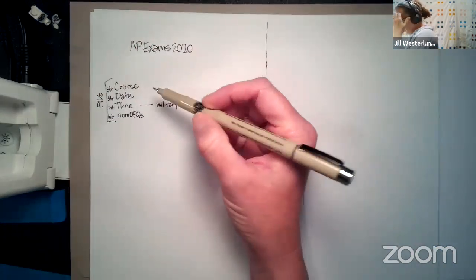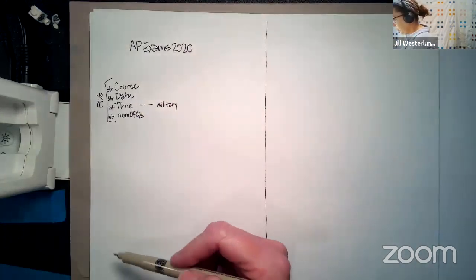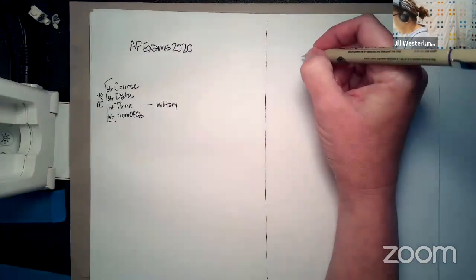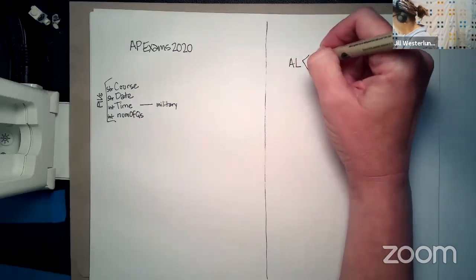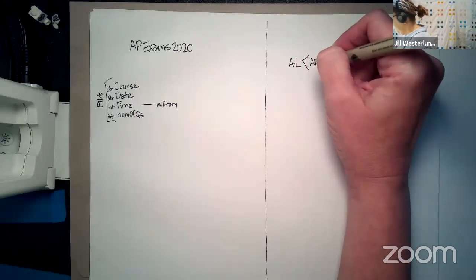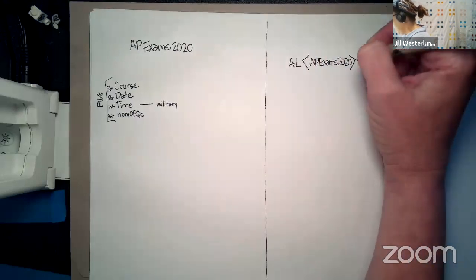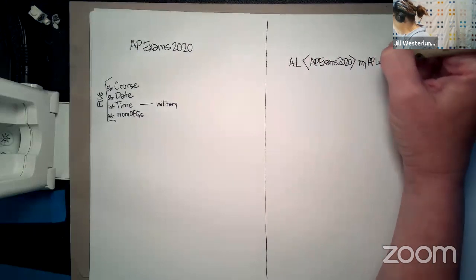So those would be your private instance variables, and then you would have your normal get sets and toString down here, like I showed you on the purple sheet. And then over here, you build an array list of the AP Exam 2020 type, and it would be my AP exams.